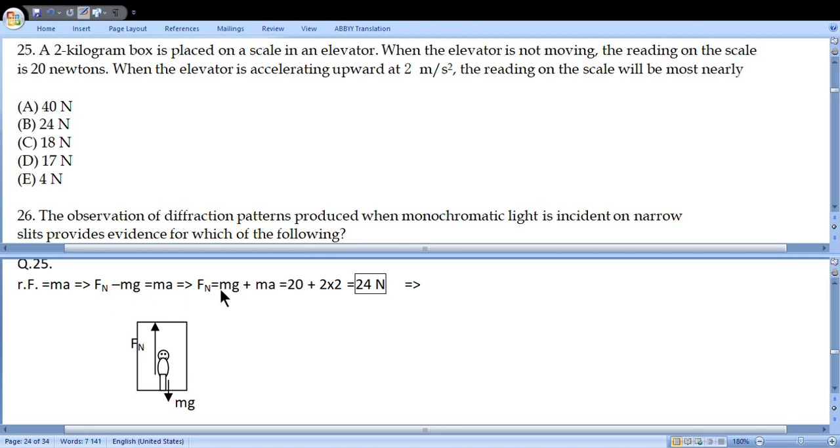Rewriting this formula for normal reaction, we get mg plus ma. This is the force that the floor exerts on the box and box exerts on the floor. This is what we read on the scale. So mg plus ma, 20 is the normal weight, and 2 times 2 is ma. So 24, we choose 24.